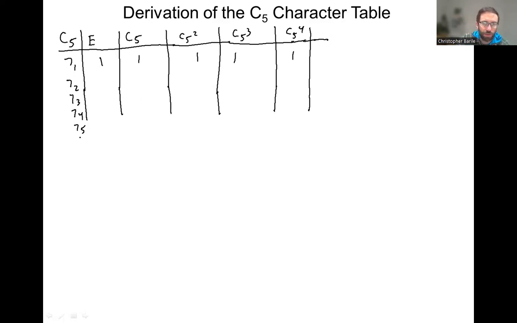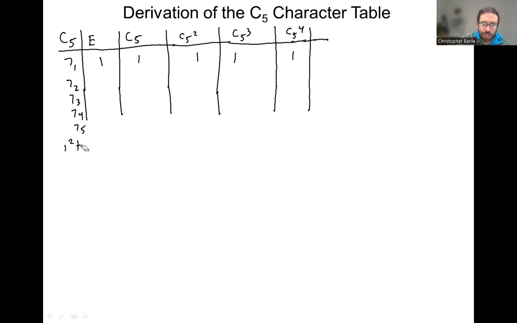We'll see in a second. And why would that be? Because we always say the sum of the squares of the dimensionality, the character under the identity, is going to have to equal the order of the point group, which is equal to 5, the number of symmetry operations in the point group. So these are all going to be 1s, and that's actually going to be true, but we're only going to get there once we break things up into imaginary components.